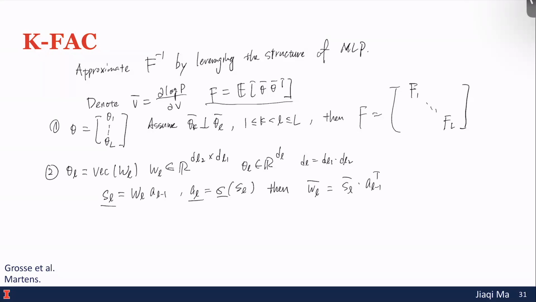So this is the gradient of WL. And when written in terms of theta L, in the vectorized form, it can be written as theta L bar equals AL minus 1 Kronecker product SL bar, where this is the Kronecker product.